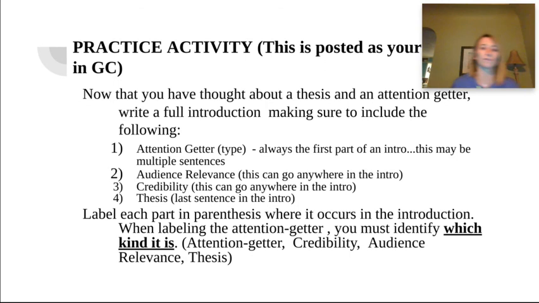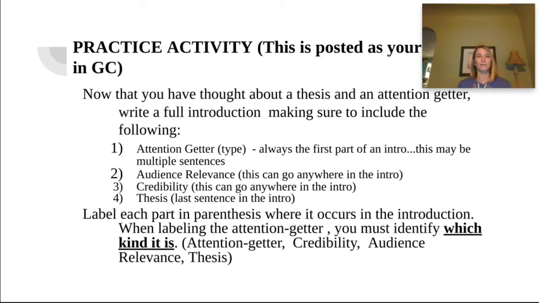Then audience relevance can go anywhere in the introduction. So it might be part of your attention getter. And if it is, great. Wherever you connect with the audience, just put AR in parentheses after that. Your credibility, this can go anywhere in the introduction too. Most likely in this specific speech when we do it, your credibility will be the last sentence with your thesis.